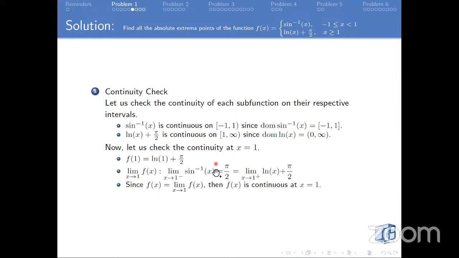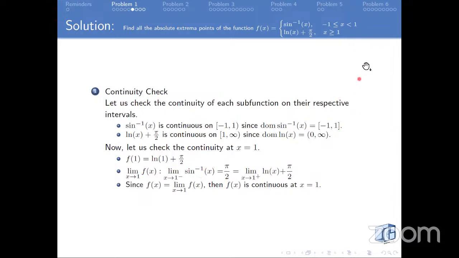When we take the left hand limit of the function, we have the limit of inverse sine of x as x approaches 1 from the left is equal to pi half. So kayo na bahala ba't naging pi over 2 yung arc sine of 1.